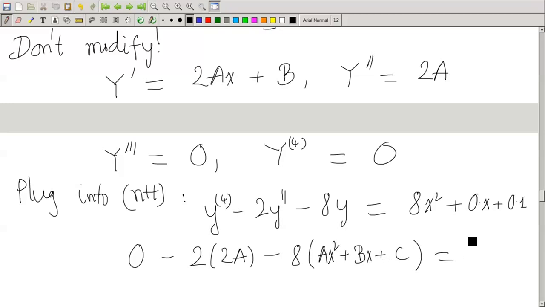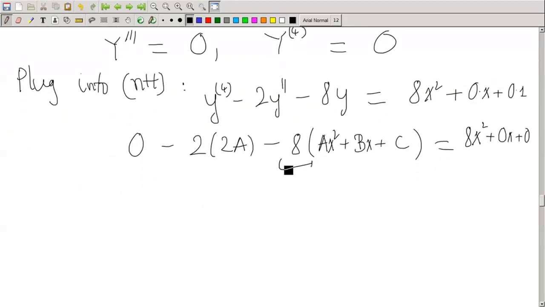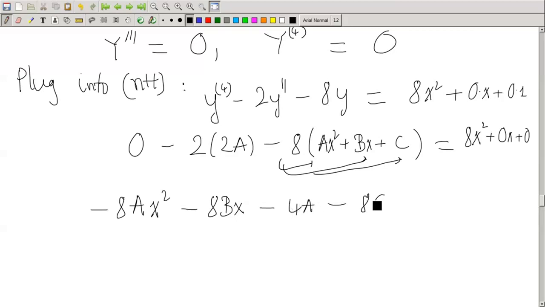And on the right hand side, we have 8x squared plus 0x plus 0. Distribute and collect like terms. And let's rewrite the highest power of x first. So we have minus 8ax squared minus 8bx, and lastly the constant minus 4a minus 8c equals 8x squared plus 0x plus 0.